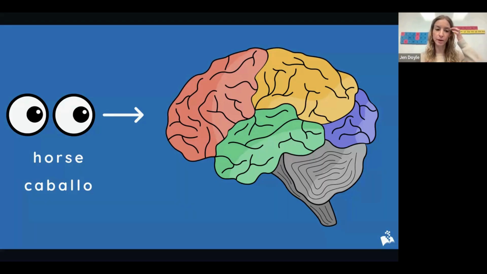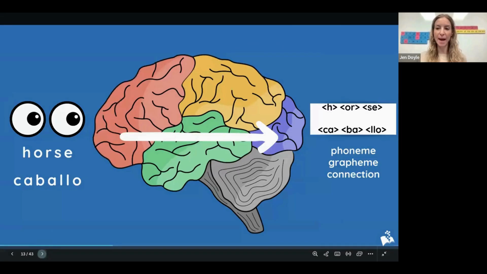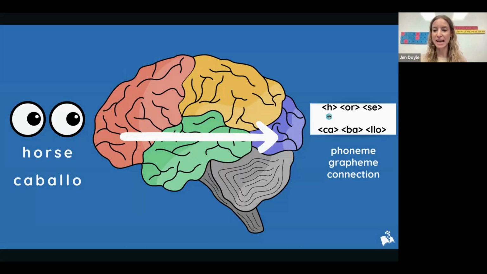So here we have our reader seeing a word and recognizing those shapes and lines as letters. Then this input, it's going to shoot to the back of the brain where we recognize those letters. We understand them as each individual piece. So in the word horse, we've got the H says h, the OR says or, and the SE says s.